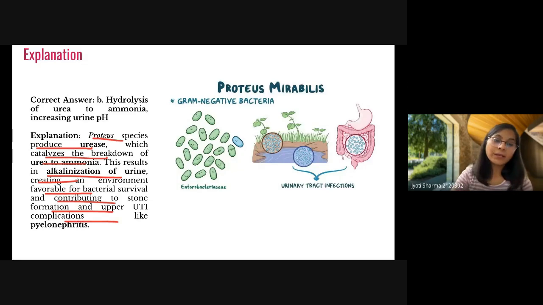So just keep in mind, if there is some bacteria that is changing the pH of your urine, converting urea to ammonia, it means it is providing a conducive environment for another organism, another bacteria or fungus, to survive at that part, and that can give you further infection, right?